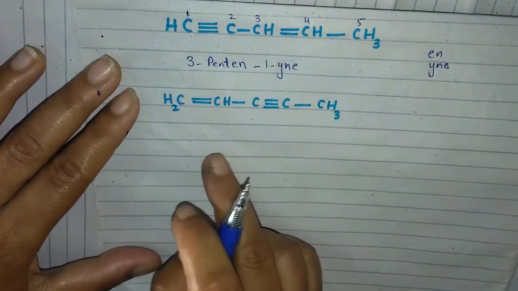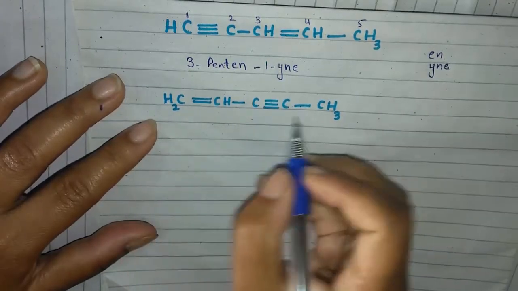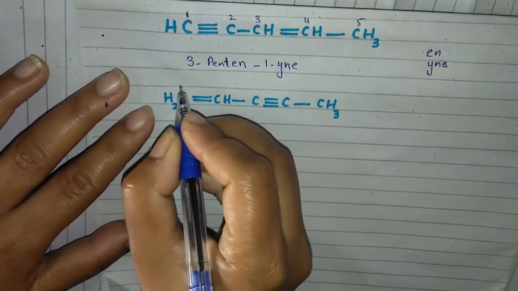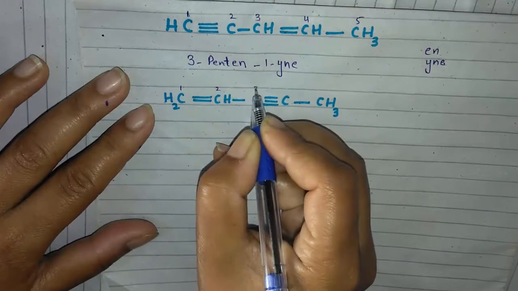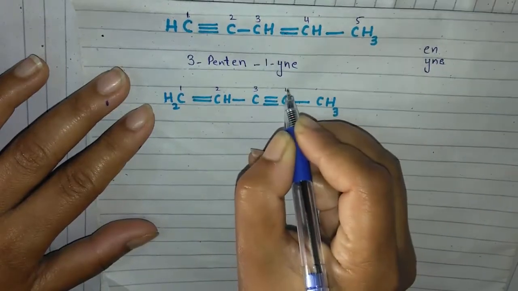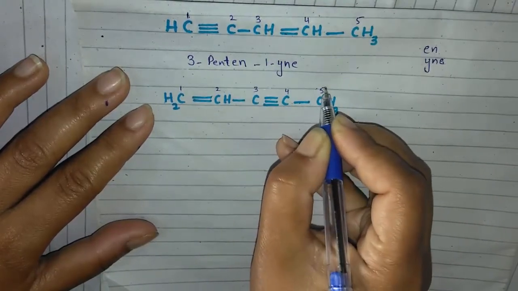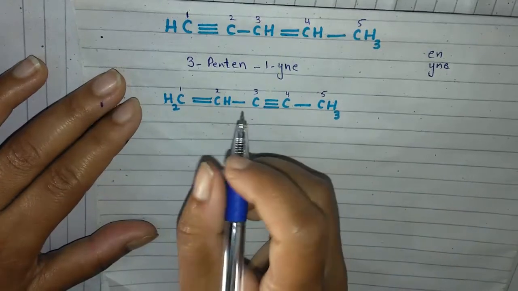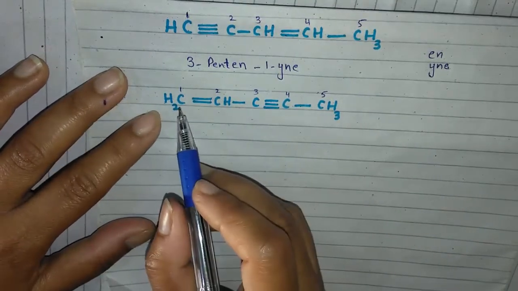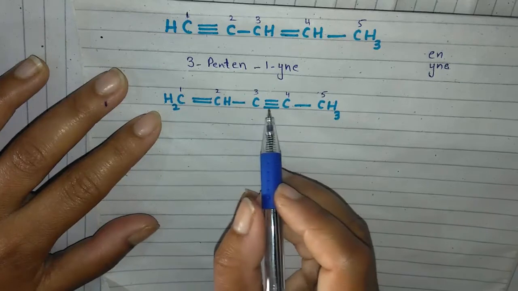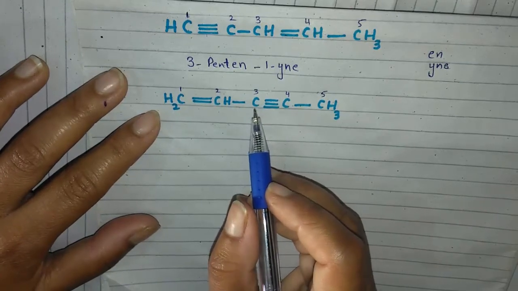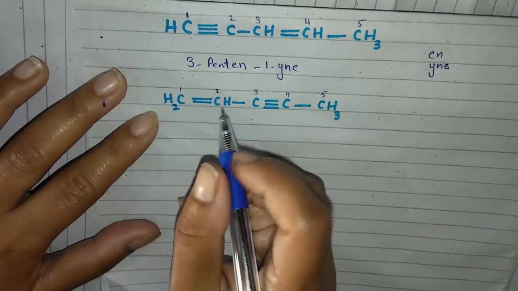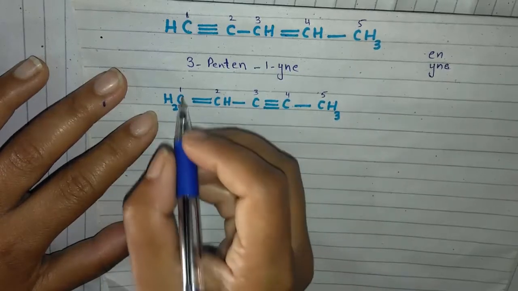Okay, in this case, we start the numbering from here, 1, 2, 3, 4 and 5. Again it is pentane, and at the start a double bond is present and at the third carbon a triple bond is present. Again we have to write the name of the alkene first, double bond.